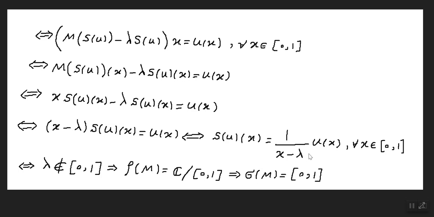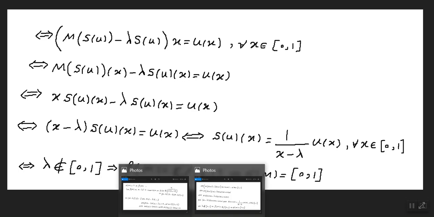Division by 0 is not defined. So it means M minus lambda I is invertible if and only if lambda is not here, because if lambda is here, then S cannot be defined. So lambda cannot be here, right?